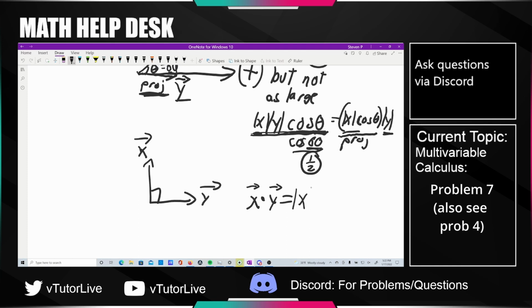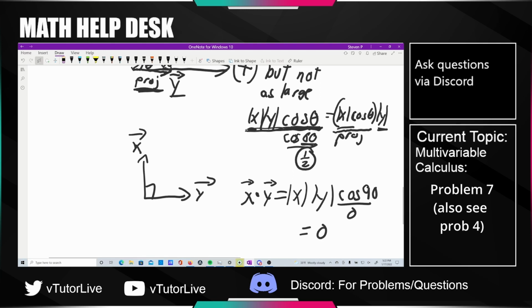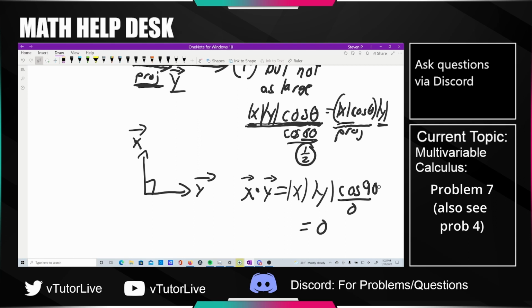Is it 0? It is zero, because cosine of 90 degrees is just zero. It doesn't matter if x is pointing up or down, as long as it's a 90-degree angle, it's going to be a big fat zero.